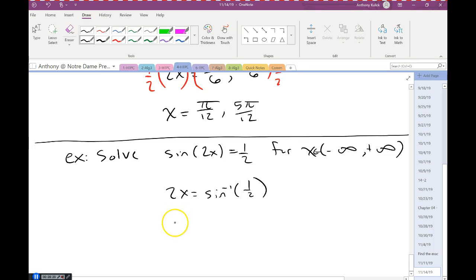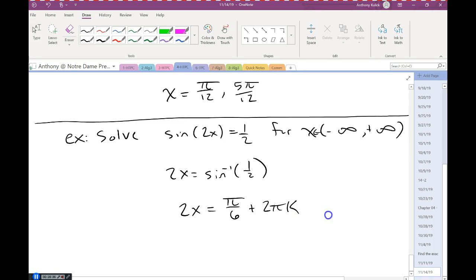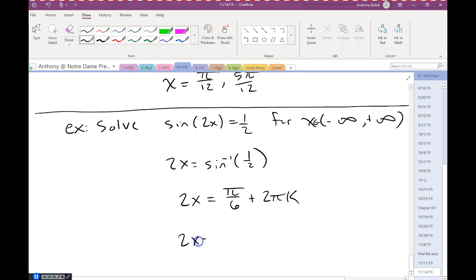And then we'll go to the unit circle and retrieve the values where sine is equal to 1/2. So we get our pi over 6. But since we're solving this over the whole real line, we also get the plus 2 pi k. And we also get 5 pi over 6 plus 2 pi k.